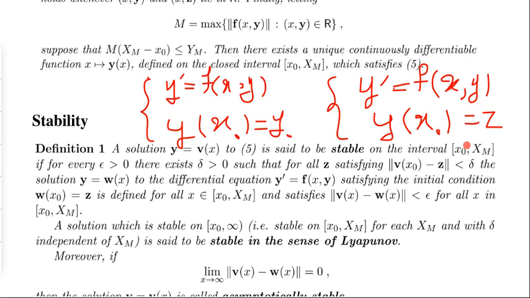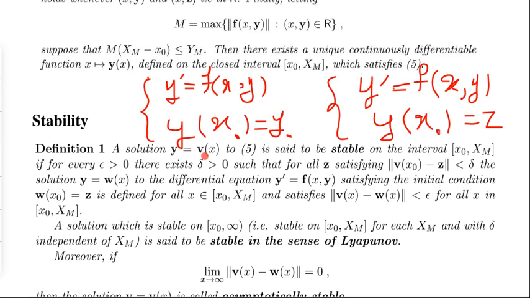Here we have two problems. The first problem is problem number 5. The second problem is this perturbed problem. Here we have a change in our initial condition. The initial value will be z instead of y naught. Also, we have this assumption.